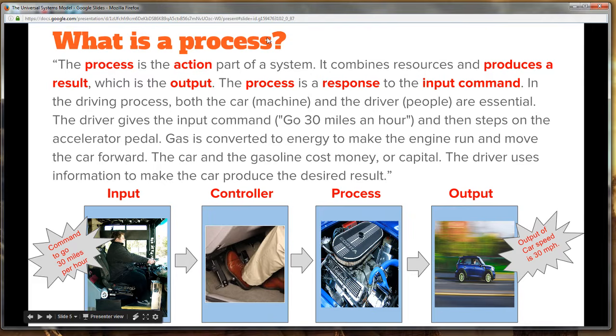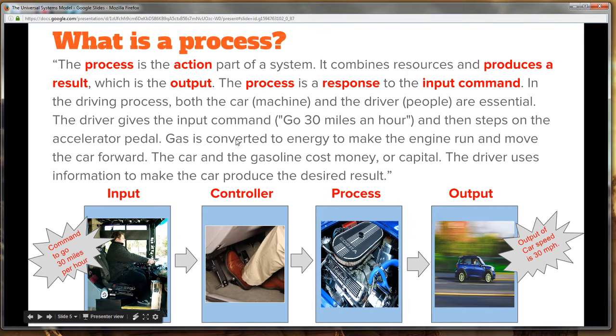What is the process? Process is the action part of the system. It combines resources and produces a result, the output. The process is a response to the input command. In the driving process, both the car, the machine, and the driver, the person, are essential.